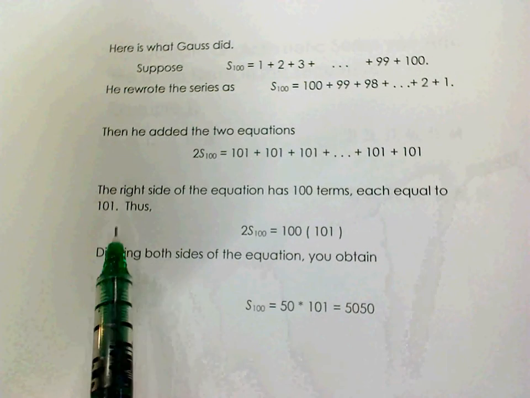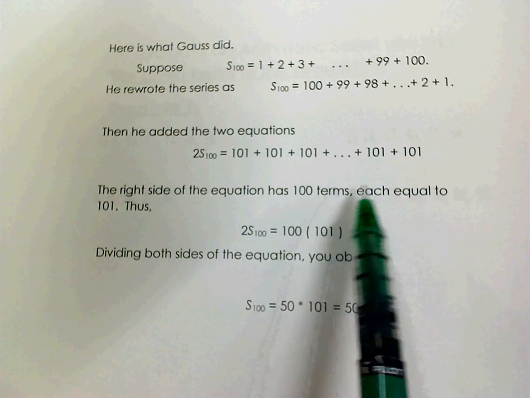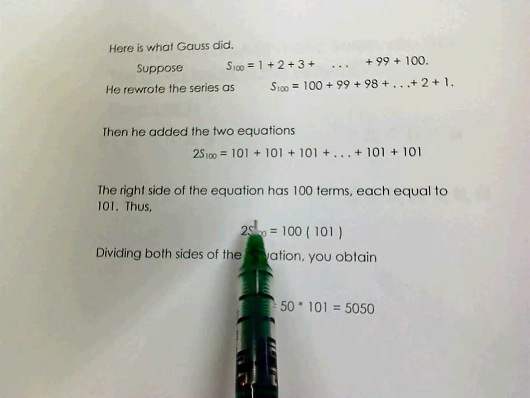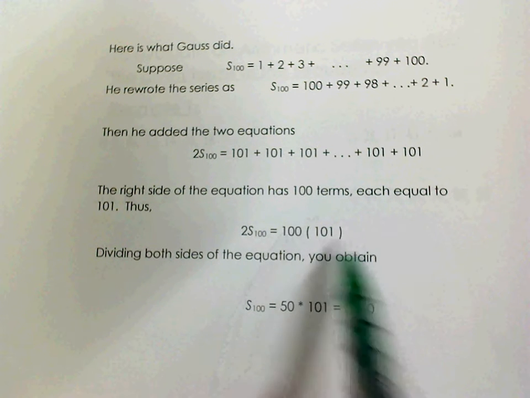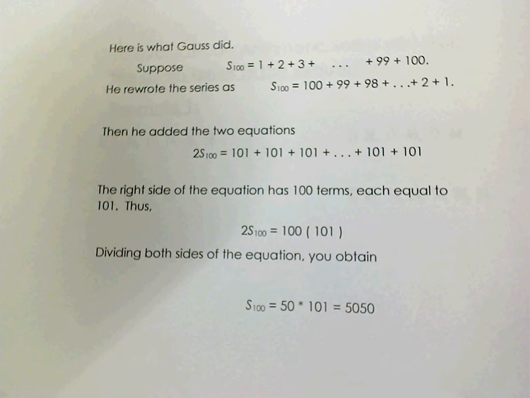The right side of the equation has 100 terms, each equal to 101, as you can see, and so he multiplied them together. That's the formula that Gauss came up with. We're going to use this to help us come up with a formula.